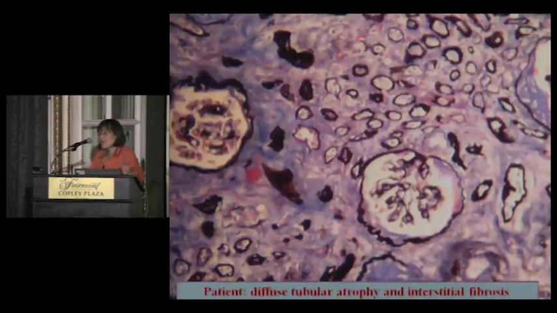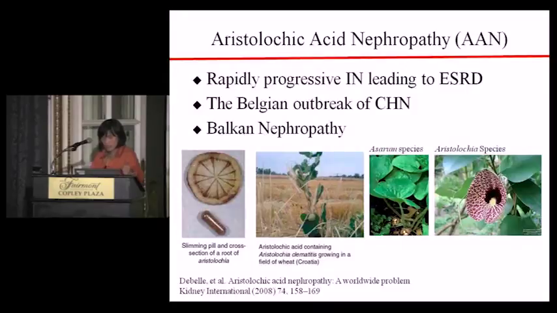It's a CIN pattern, but it is pathognomonic for aristolochic nephropathy. Aristolochic nephropathy is a condition that can rapidly progress, leading to end-stage renal disease. The first outbreak was in Belgium, with 100 young women who went to a weight loss center and developed acute kidney failure.